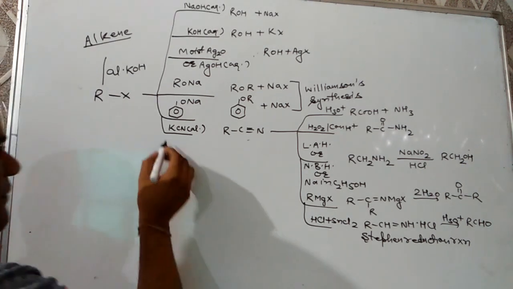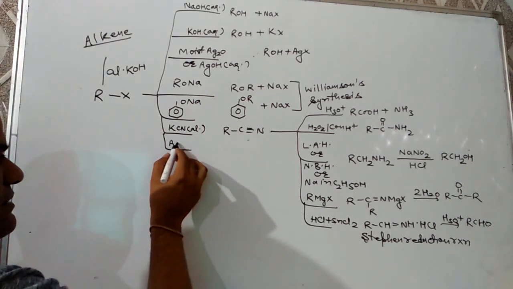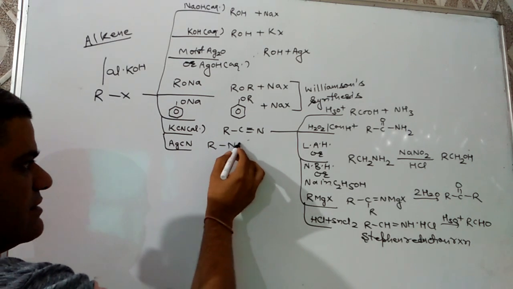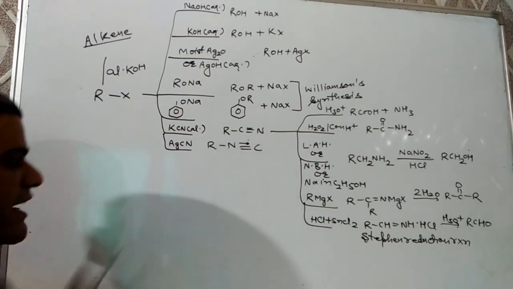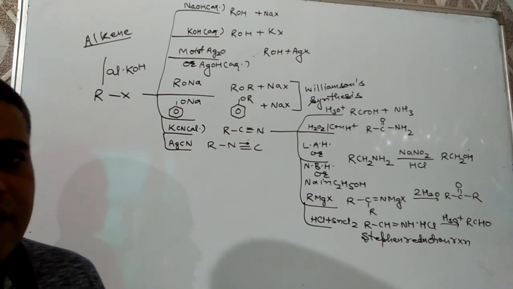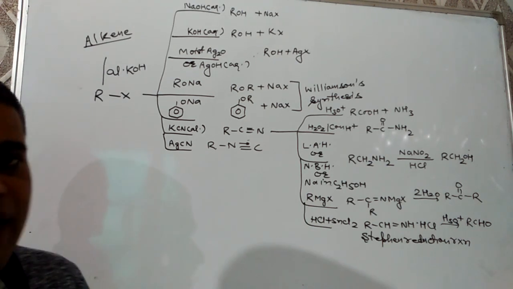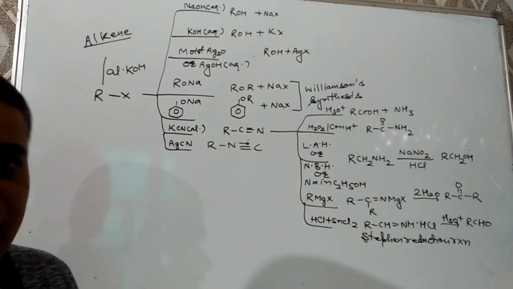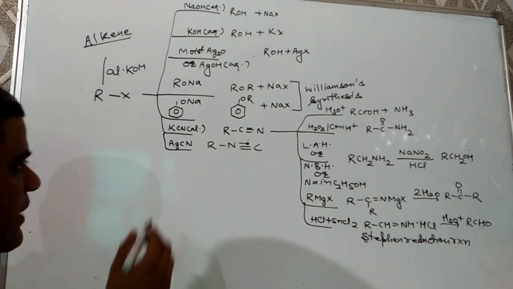Next, if AgCN is added to it, then the product formed will be isocyanide. I will explain the reasons. KCN is ionic, so both carbon and nitrogen are available for bonding, but AgCN is covalent, so only nitrogen is available for bonding.